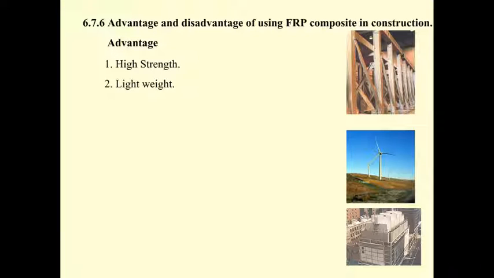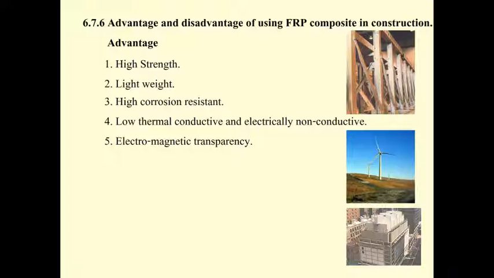The advantages are light weight, high strength, high corrosion resistance, low thermal conductivity, and electromagnetic transparency. So nowadays it's used in the cooling tower, in the big building, in the wind turbine, in the structure, in the rural area, such as in the mountainous area, when you'd like to build a bridge to cross the water in the part of the mountain.